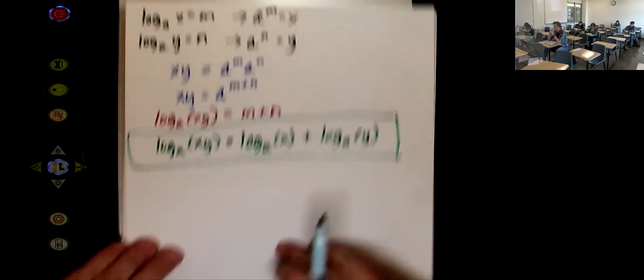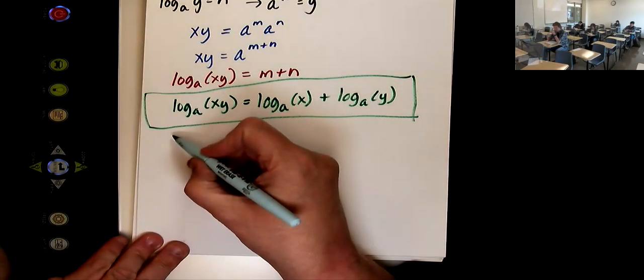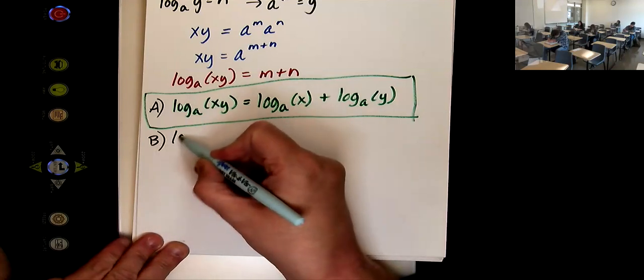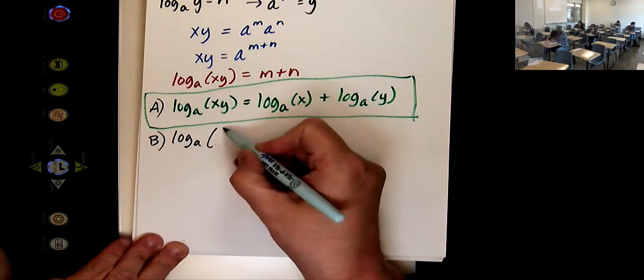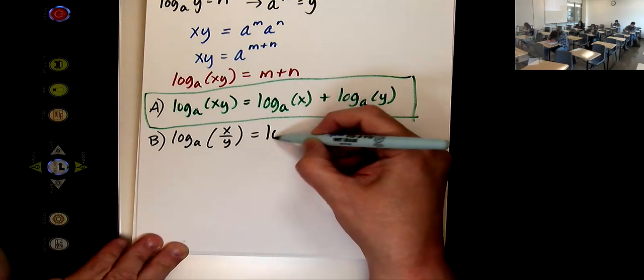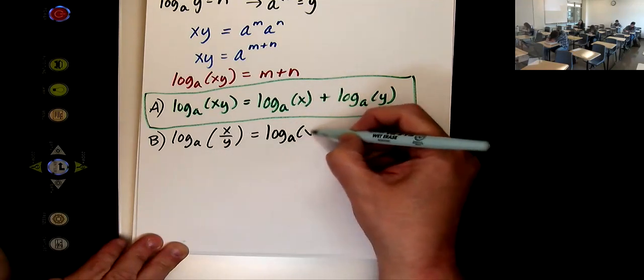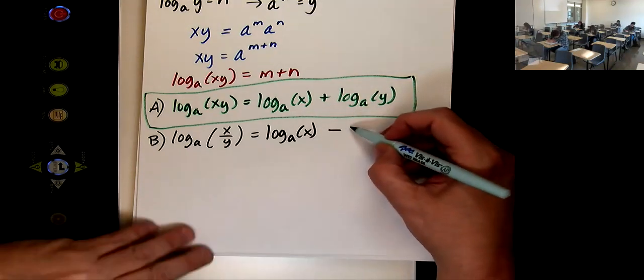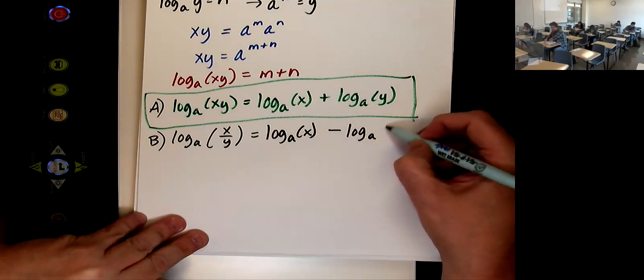Other properties. Let's call that A. B is one with division. Where multiplication turns into addition, division turns into subtraction.